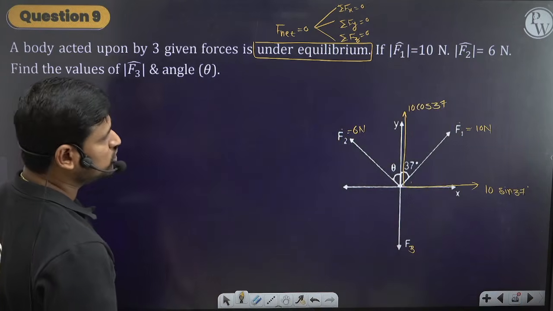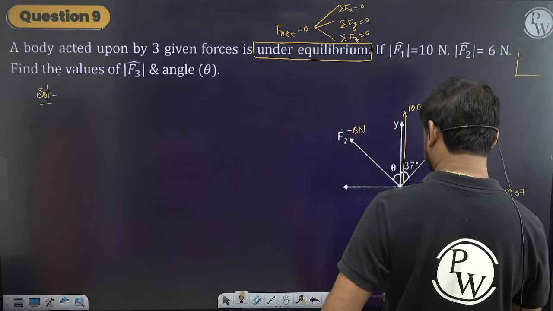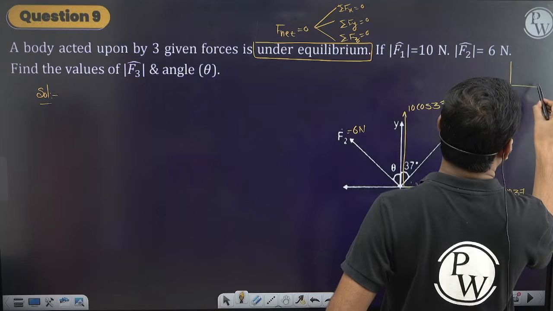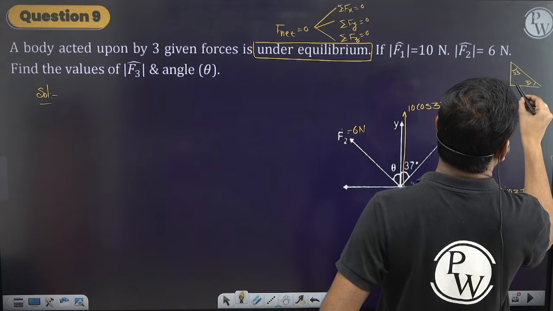Yes or no? So now you know the 37 degree triangle. Just write it aside for your understanding. This is 37, this is 53, and this is 90.